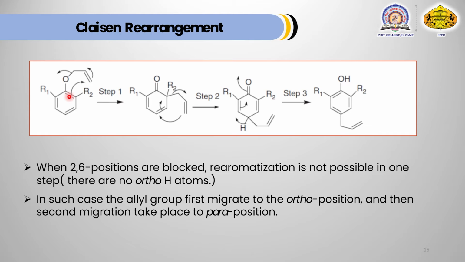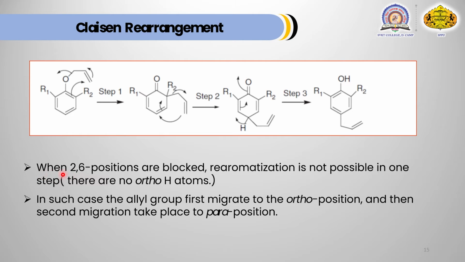Now in this case, when Claisen rearrangement takes place, first of all this group is attached to this carbon, say for example the second carbon, and after that again rearrangement takes place and there is formation of the para substituted product. Hence when both ortho positions are blocked, then rearrangement takes place at the para position.